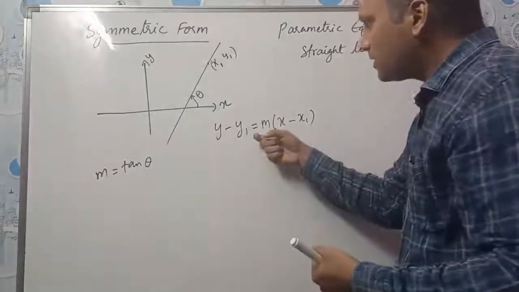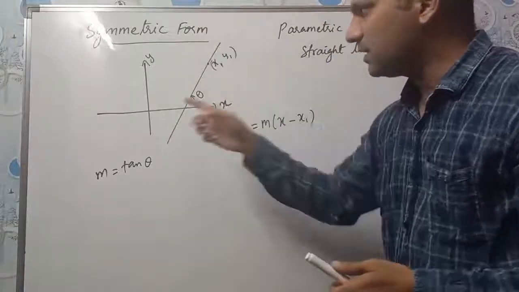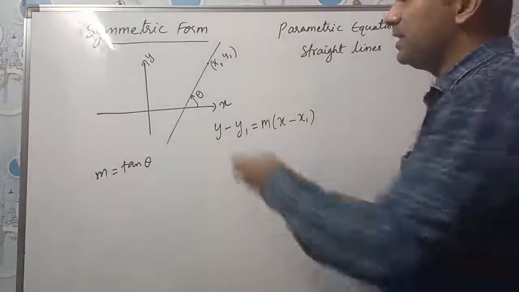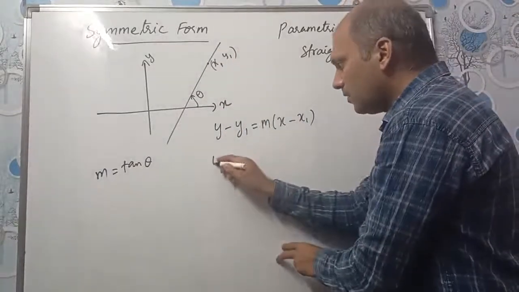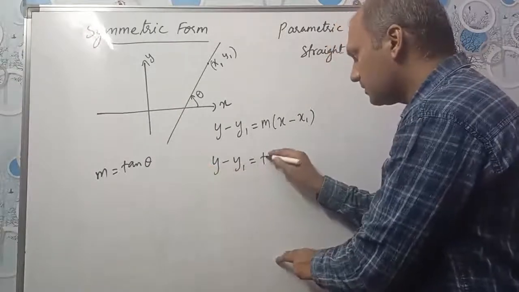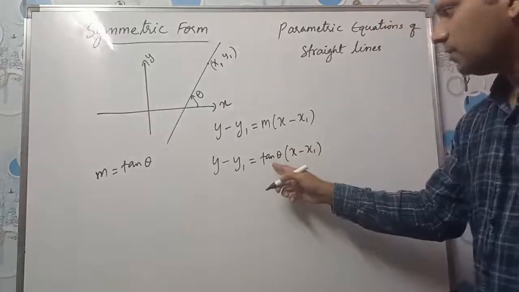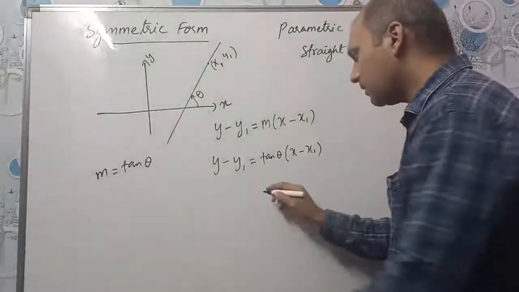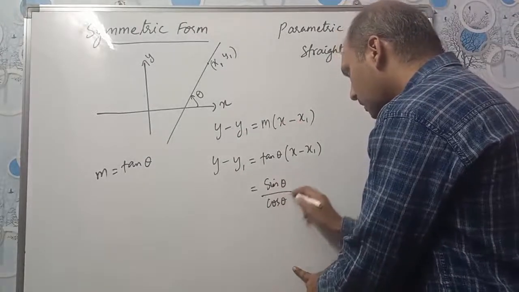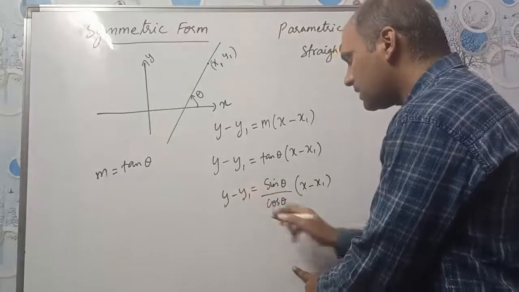But using this point slope form, we can write the symmetric form of this equation. Derivation is very easy. y minus y1 is equal to m, and m is tan theta, so tan theta into x minus x1. But we know from trigonometry tan is equal to sine by cos, so this is sine theta divided by cos theta into x minus x1, and on the LHS y minus y1.